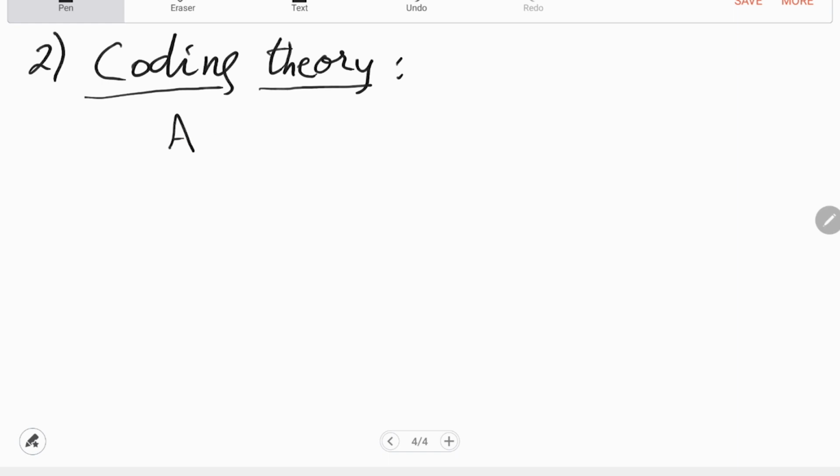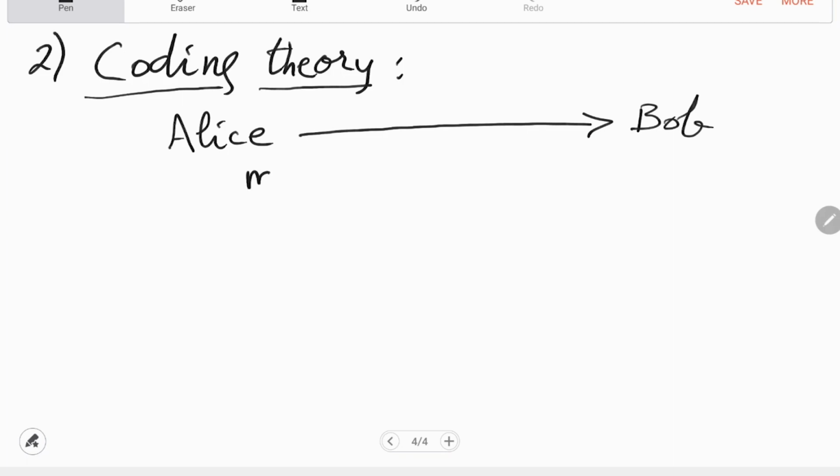You can model it as, say, Alice and Bob are two players, and Alice wants to send a message to Bob over this channel. Alice has a message M, she will code it, and the code will be sent in the beginning of the channel, but at the end of the channel it will become something else, because there will be errors.